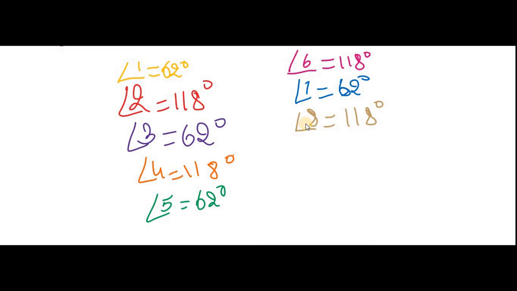So now if you observe, we find a pretty pattern over here. All the angles are 62 or 118. So how many 62s do we find here? 1, 2, 3, 4. How many 118s do you find here? 1, 2, 3, 4. So always only two distinct angle values exist among all the angles of parallel lines with an intersecting transversal.